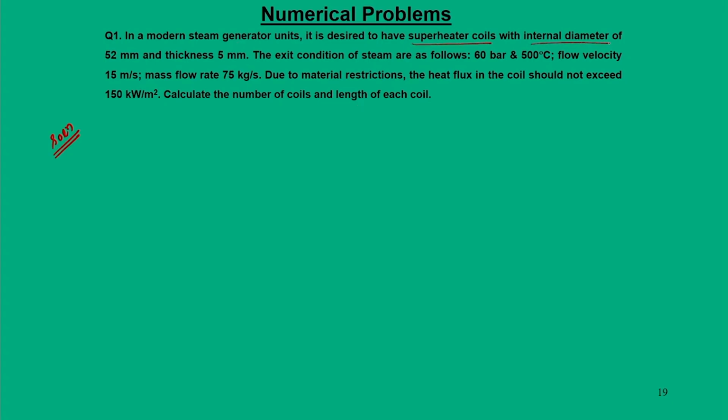Its dimensions are given: internal diameter 52 mm and thickness 5 mm. Steam exit conditions are 60 bar and 500 degrees centigrade, flow velocity 15 meters per second, mass flow rate 75 kg per second. Due to material restrictions, the heat flux in the coil should not exceed 150 kilowatt per meter square.